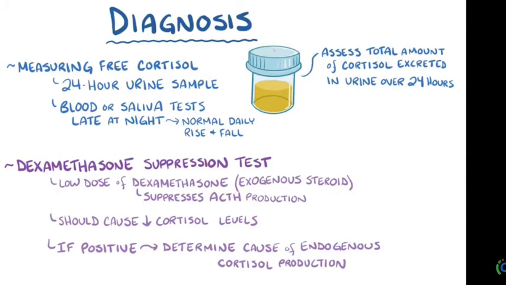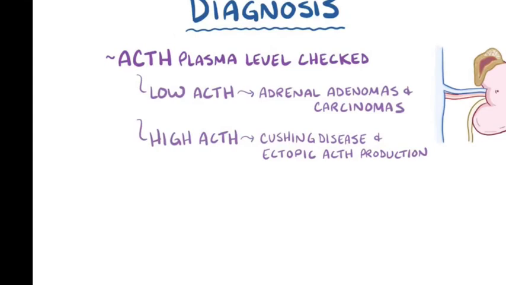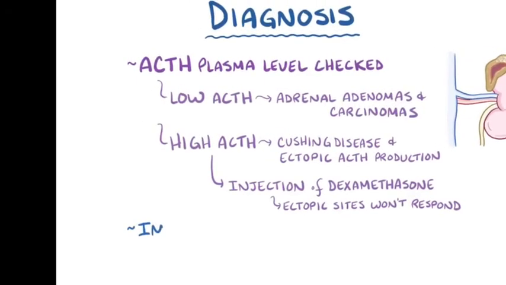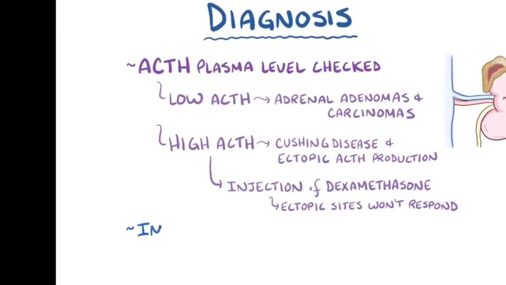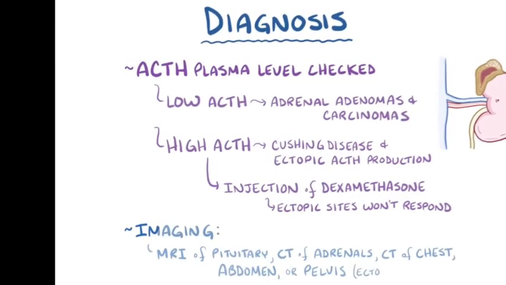So when we measure the plasma, the serum ACTH, if it's low, it means that adrenal adenomas or carcinoma causes the Cushing syndrome. If the ACTH is high, this may mean that it is actually caused by pituitary Cushing disease or ectopic ACTH production like lung carcinoma.